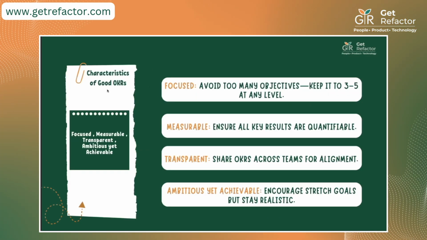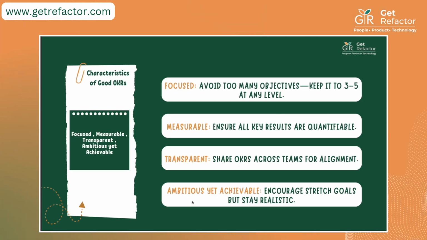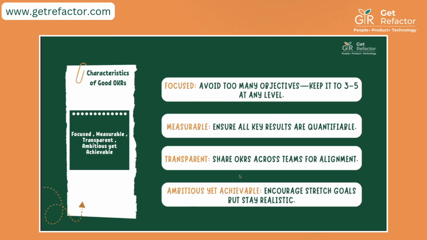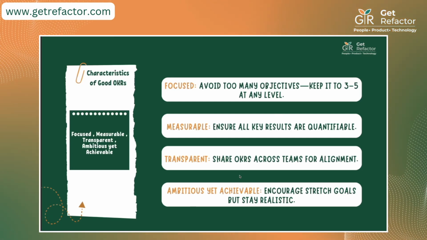So the characteristics of a good OKR are something that we'll understand. It has to be focused, measurable, transparent, ambitious, yet achievable. Generally, anything that is not measured is not an objective. Okay, anything that cannot be measured is not an objective.